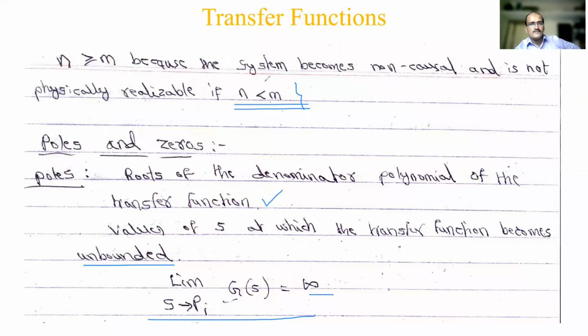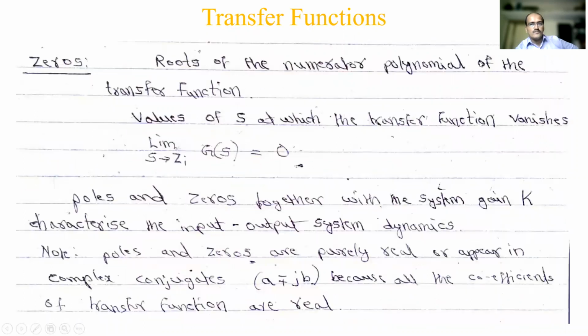Similarly, zeros can also be defined for the numerator part. They are the roots of the numerator polynomial of the transfer function, the values of s at which the transfer function vanishes. Here the transfer function does not exist at all, that's why it is 0. The limit of g of s as s tends to zi being equal to 0 is called the zeros, and infinity, unbounded, is called poles.